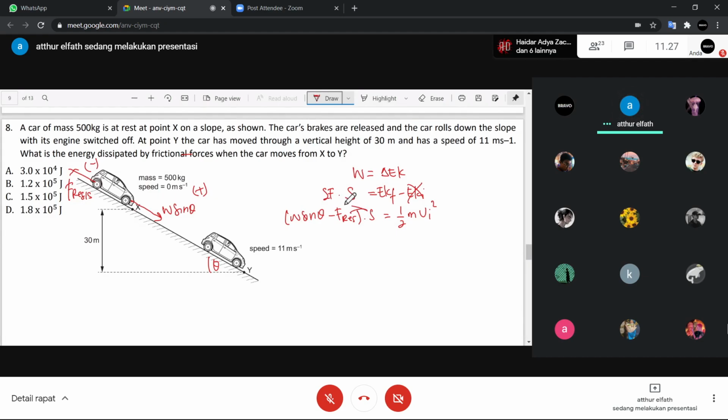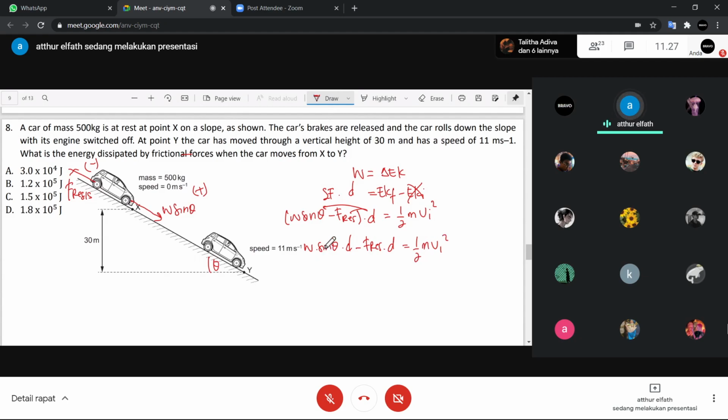This equals W sin theta times S, where S means distance. Usually we use D. So W sin theta times D minus F resistance times D, then 1/2 mass.